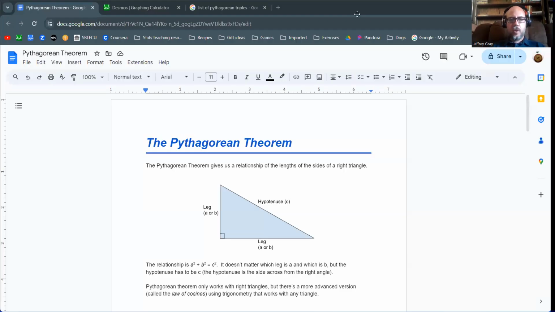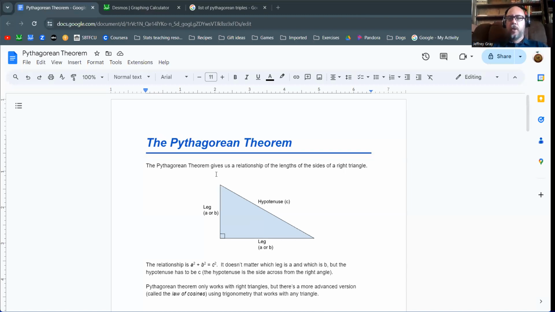Then they keep them, and that way they build up a series of reference materials they can use over and over again. That's the way we would normally do this. So let me share my screen. This is the worksheet we're going to be using.